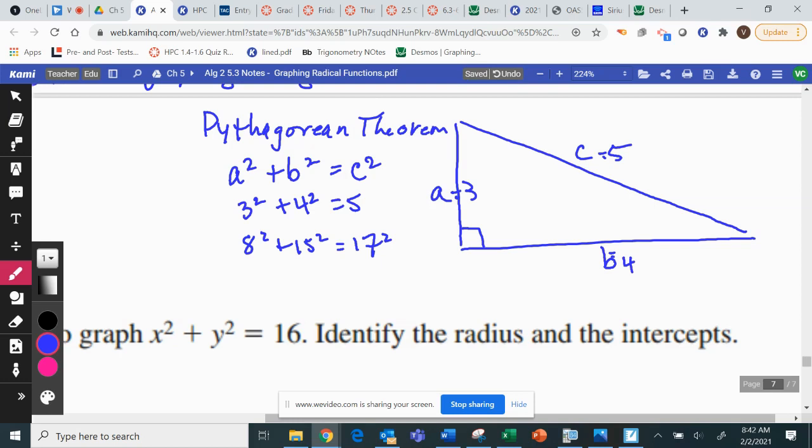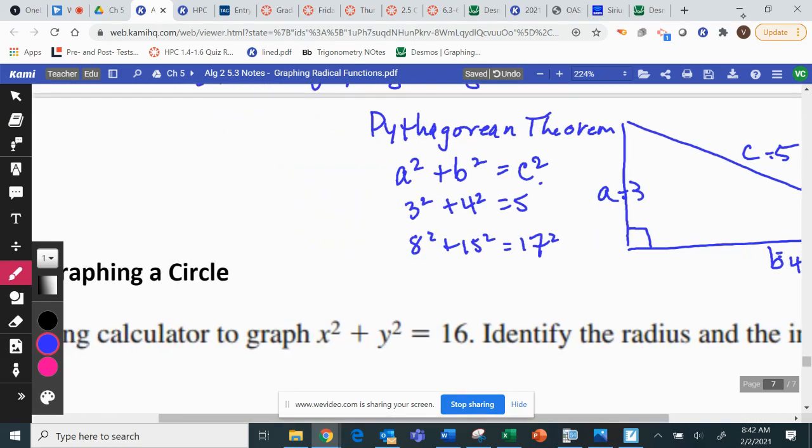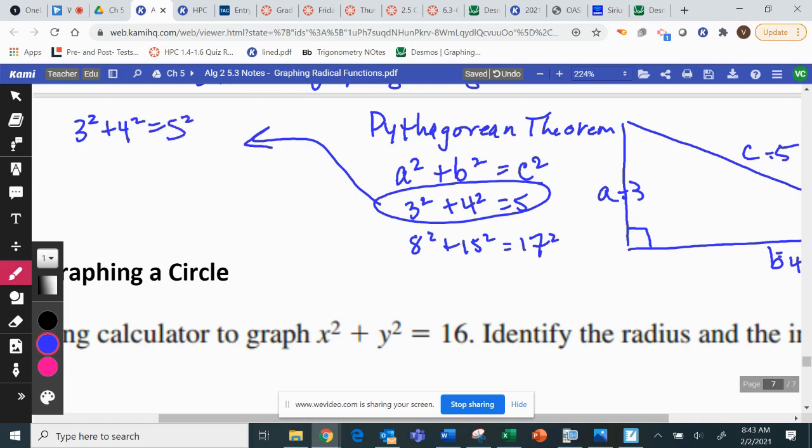Gosh, where am I going with this? If I were to take this equation using the Pythagorean theorem, if I were to actually multiply and add or square it and add it, I would get 9 plus 16 equals 25. And 9 plus 16 does equal 25, doesn't it? So here is where people make mistakes.